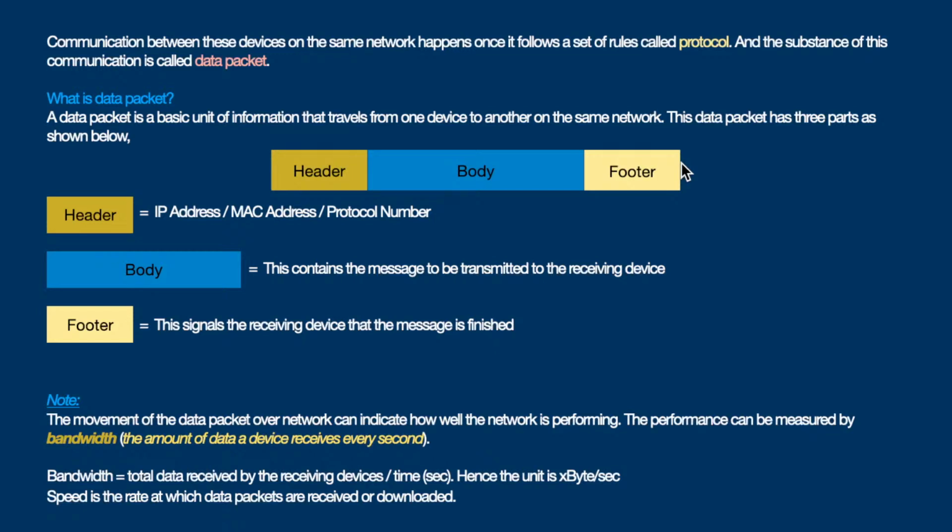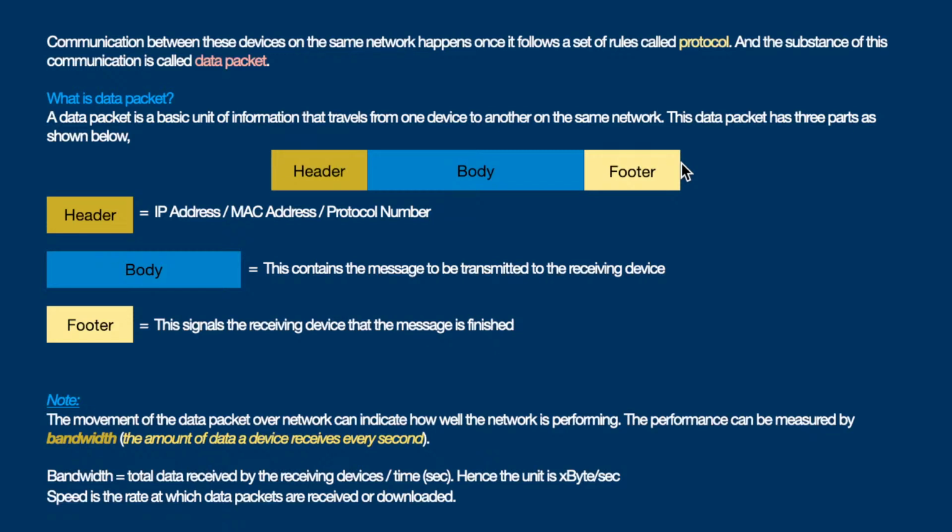So the data packet has three components: the header, the body, and the footer. The header has the ID, the IP address, the MAC address, and the protocol number. In the middle we have the body that actually carries the information we are passing, whether encrypted or left plain. That is the real message.